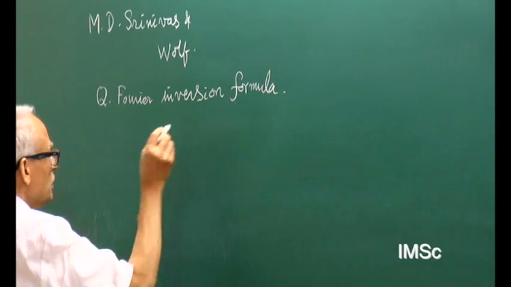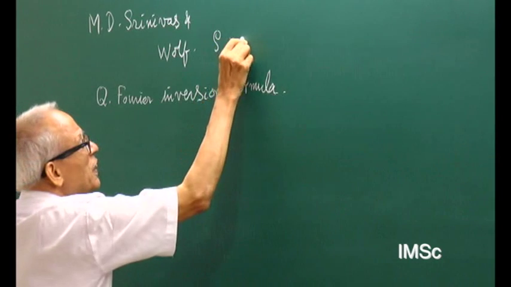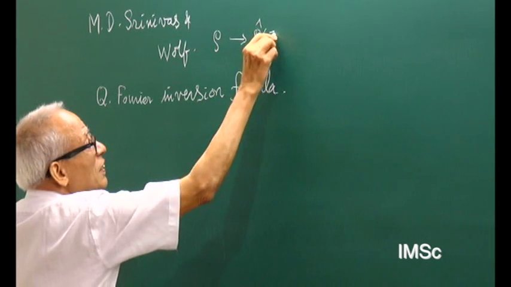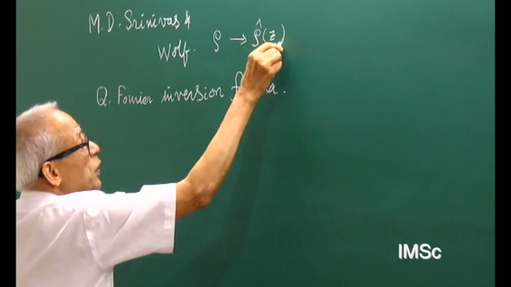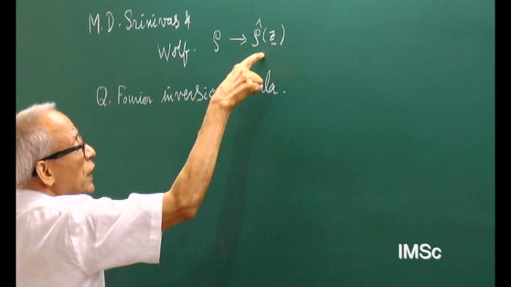So, if you have the state rho, correspondingly you have this rho hat of z. The problem is to recover rho from rho hat z.